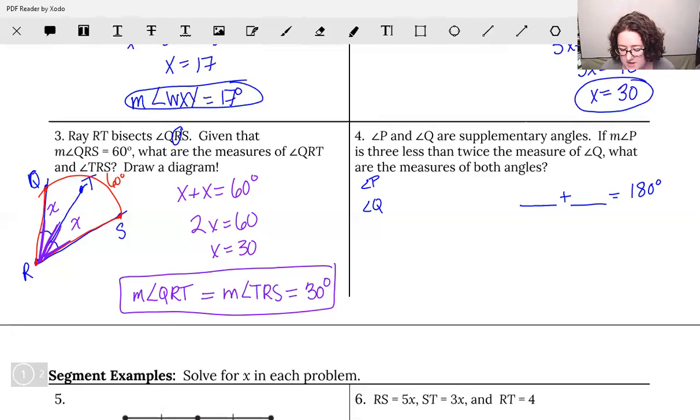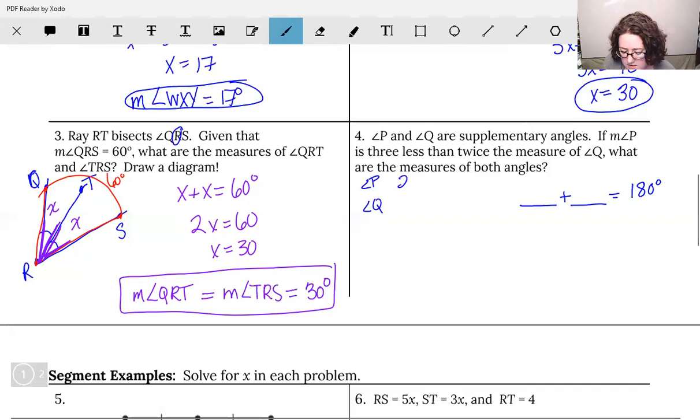But then I have to deal with that middle sentence. If angle P is 3 less than twice the measure of Q. So we're comparing P to Q. So I'm going to write everything in terms of Q. And I'm going to use the variable Q because then I don't have to do any extra translations or rewriting or anything. P is 3 less than twice the measure of Q. Well, how would I write twice the measure of Q?